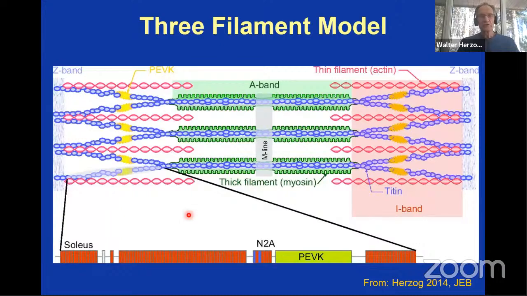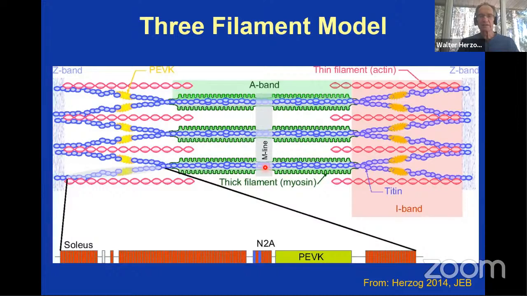However, what is often forgotten is that when we look at the sarcomere, here is the Z band, here and here, and the myosin filament in the middle in green, and the actin filament here in red. What is often forgotten is a third filamentous structure in muscle, and that is titin.